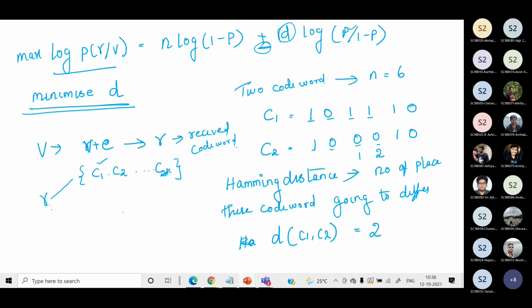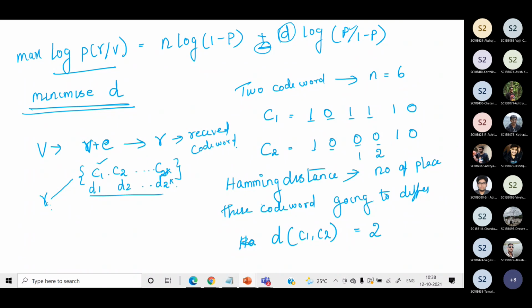So here the logic is, once R is received, from the set of code words we find the Hamming distance. These distances can be D1, D2 up to D 2 power k.